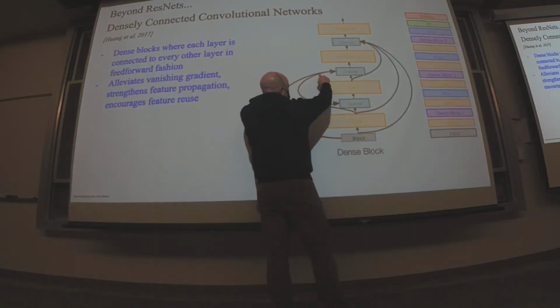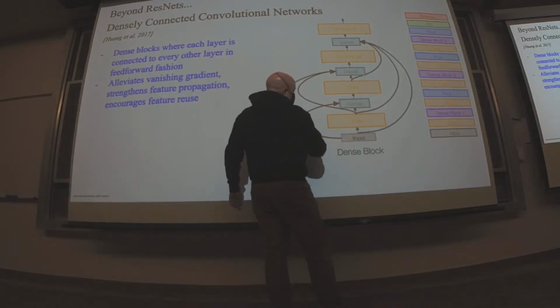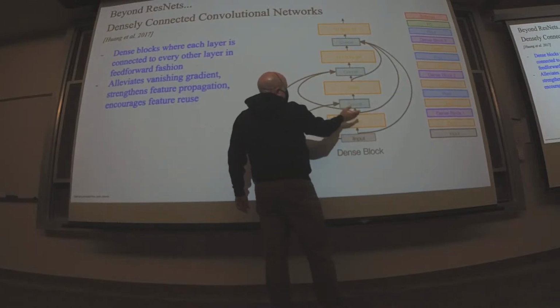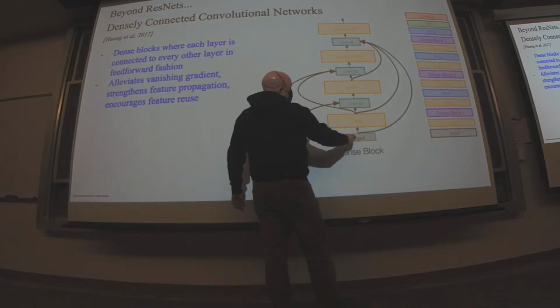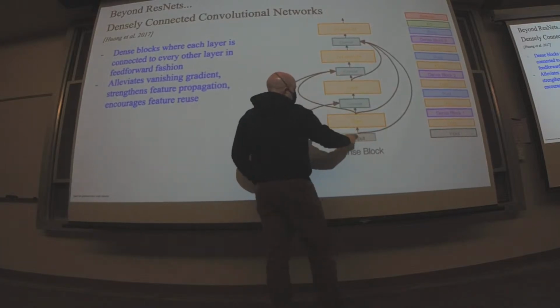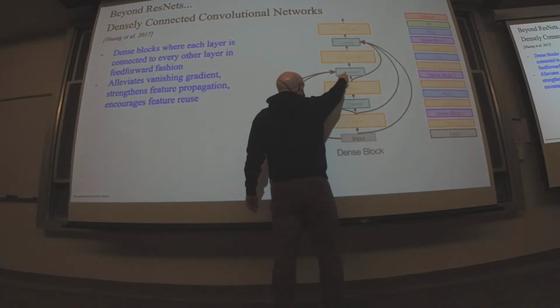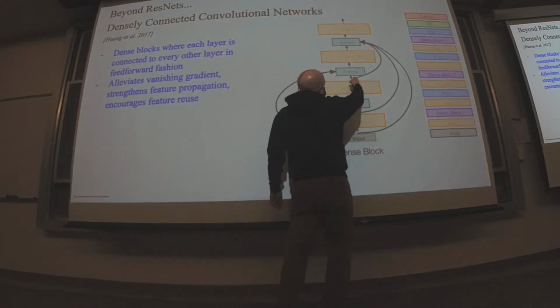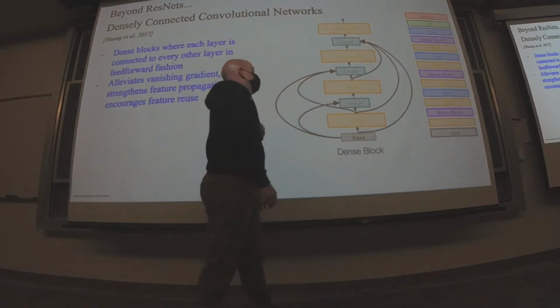So that's what these two arrows are showing here. In the first layer of this block, you concatenate this, but when you get to here, you concatenate both this and this together, and then you do it again when you go through another convolutional layer.